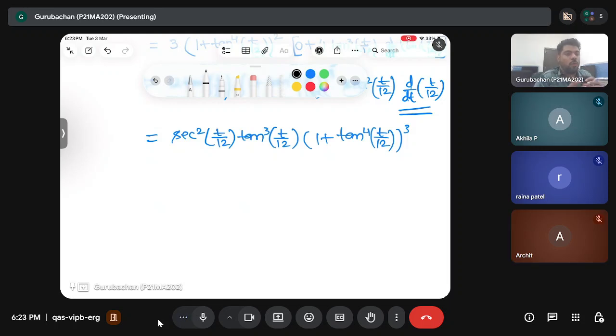So now we can do some problems over this explicit or implicit differentiation. So I am writing some problems. You will try first on your own, then we will discuss it. Find the implicit differentiation.